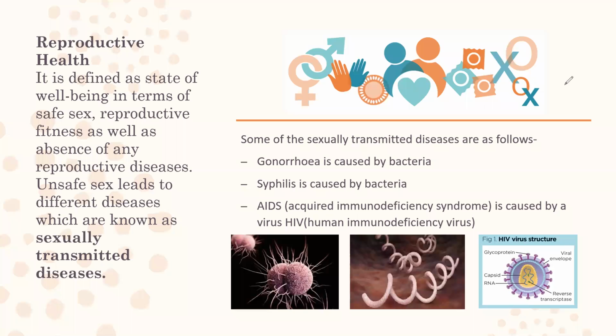Some of them are gonorrhea, which is caused by bacteria; syphilis, which is again caused by bacteria; and AIDS, which stands for acquired immunodeficiency syndrome, which is caused by the virus HIV, which stands for human immunodeficiency virus.